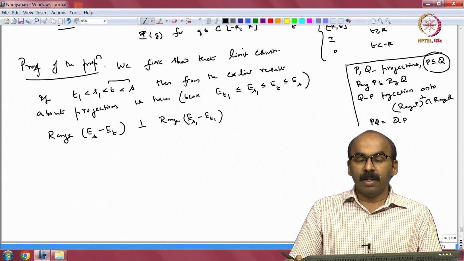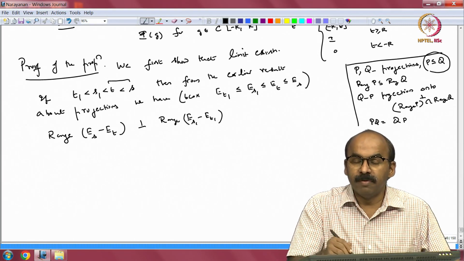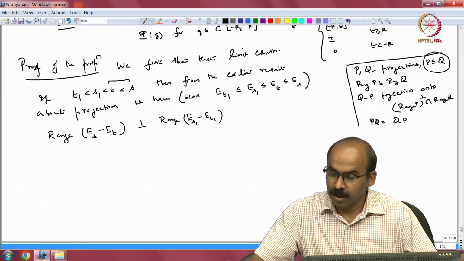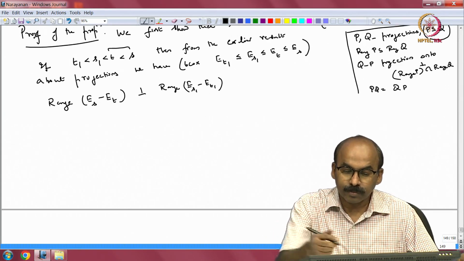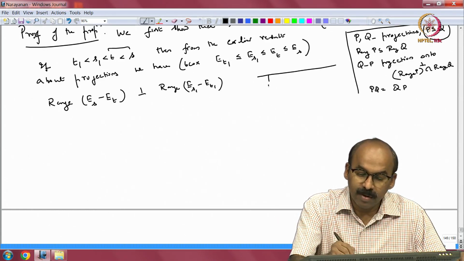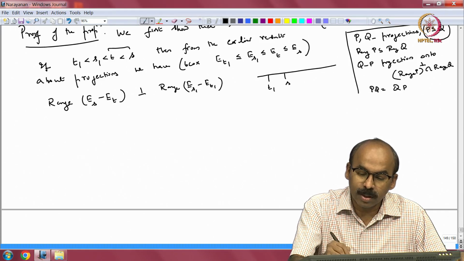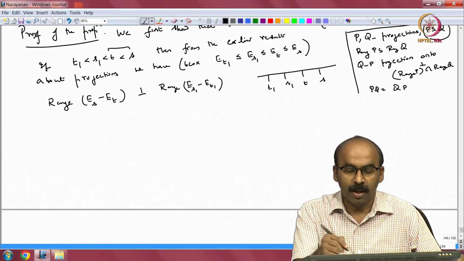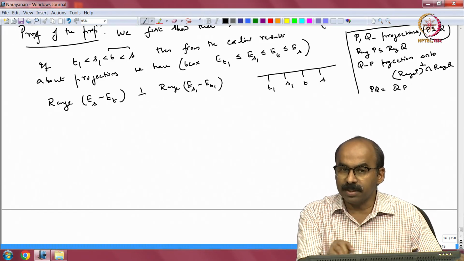Okay. We'll see the proof immediately using whatever results we have on projections. Okay. So, let's keep the picture in mind. So, this is T 1, this is S 1, this is T, this is S. As I said, the middle ones could be the same, okay, but let's stick to this case first and then see what happens.